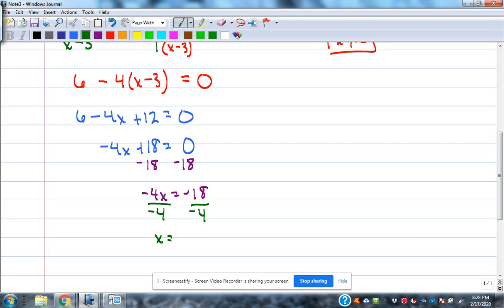And reduce that fraction. Positive 9 over 2 is what that would be. Now, that's not the solution. That's an important number that we have to test around. Okay? What we want to do is set up an interval test.